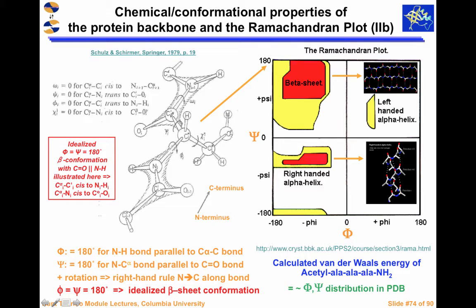Now at the psi angle, this CO bond parallel to NC is psi 180, and so that means the CO would be trans to NC for psi equals 0. So psi equals 0 for CN trans to CO. Here they're cis, so that's 180. Zero would have these things trans.